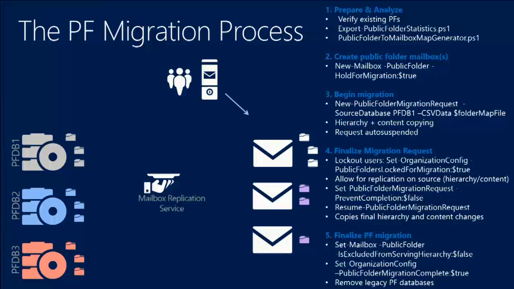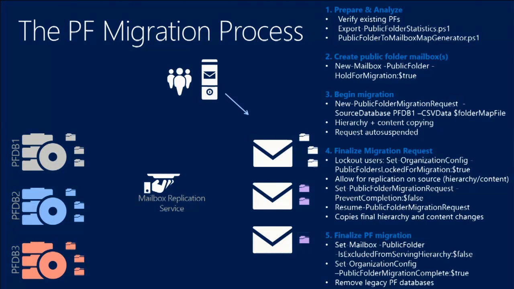And opening the public folder structure basically can be done in the following way. You can open the new structure just for a couple of users if you like to. So basically you set a mailbox and direct it directly to a public folder. And when you set the public folder mailbox as excluded from serving hierarchy, that opens the public folder mailbox for everybody.